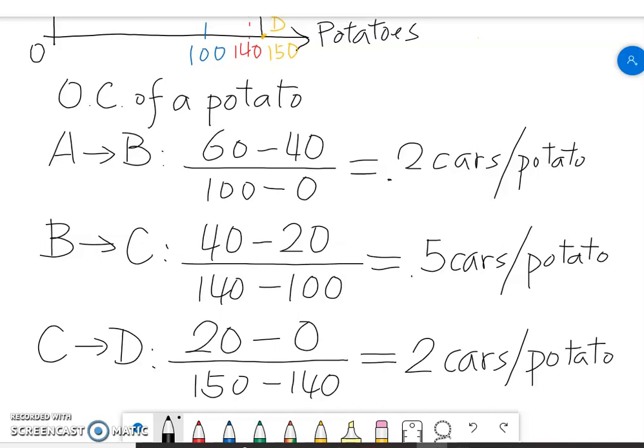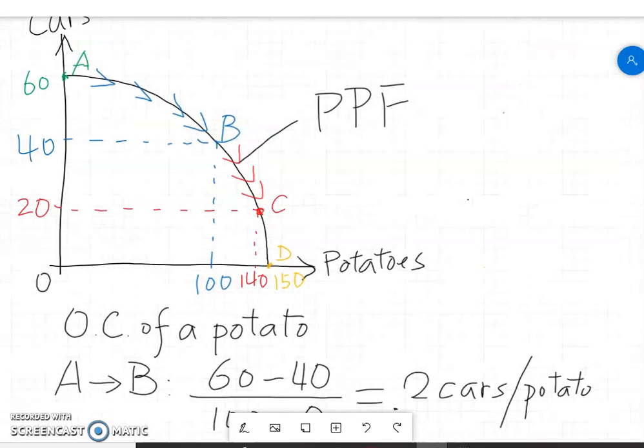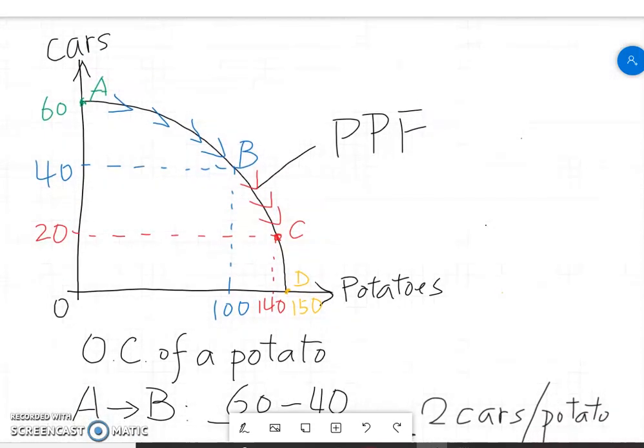All right. Now, this is a pretty good chance for us to review the concept of opportunity cost. In chapter 1, we said opportunity cost is built upon another principle which says people face trade-offs, right? Like here from A to B, if the economy wants to have more potatoes, it has to sacrifice some amount of cars.